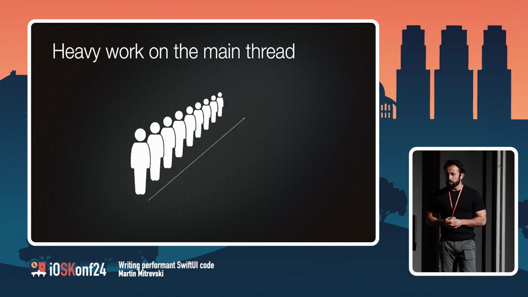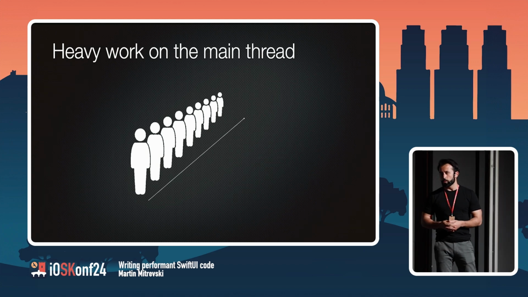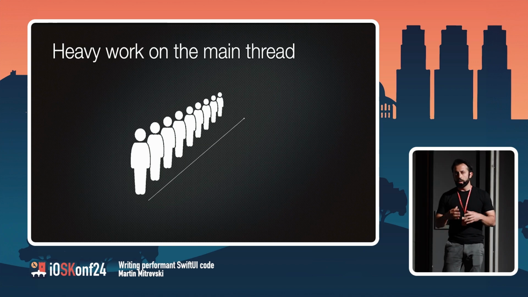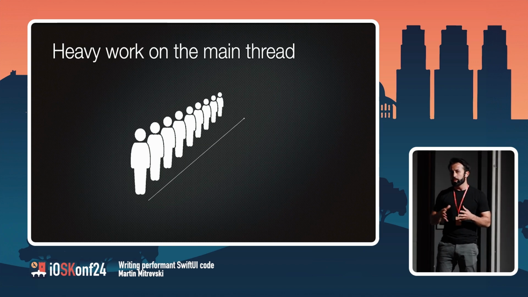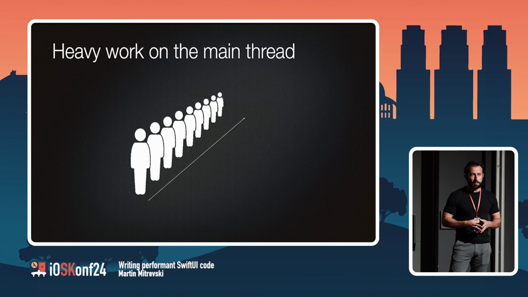Then another one, which is pretty basic, is doing heavy work on the main thread. This is applicable also for UIKit, for Android, and everywhere that has this concept of a UI thread, which needs to be available for user interaction.